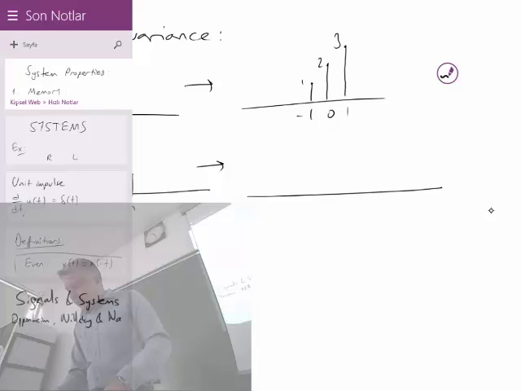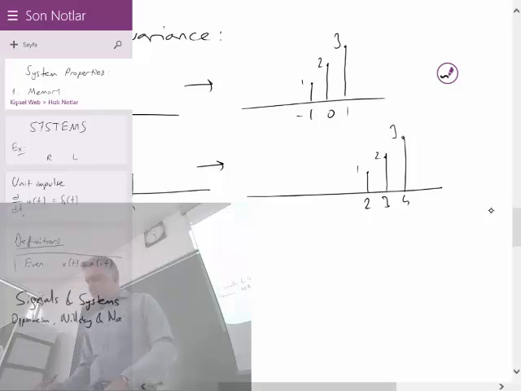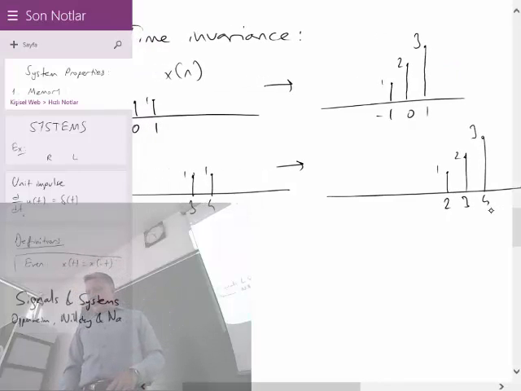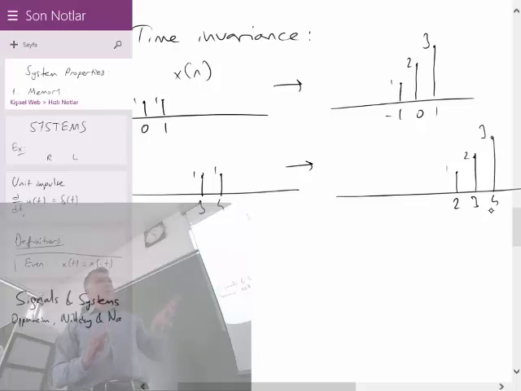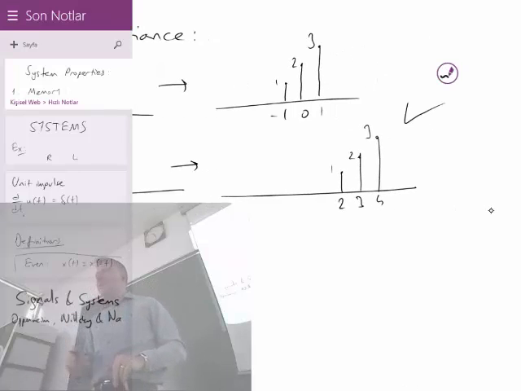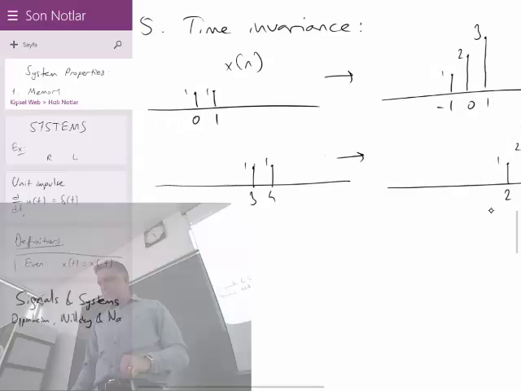So it must be like at 2 it is 1, at 3 it is 2, and at 4 it is 3. So if this input-output relation holds for all shifts, if the input and output slide simultaneously, then it is a time invariant system that we have.